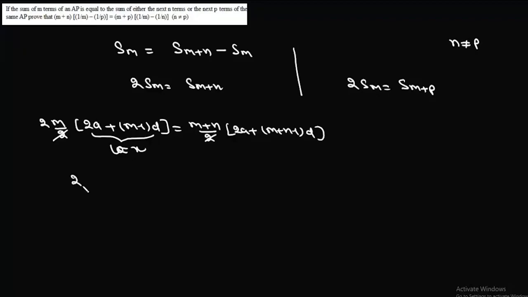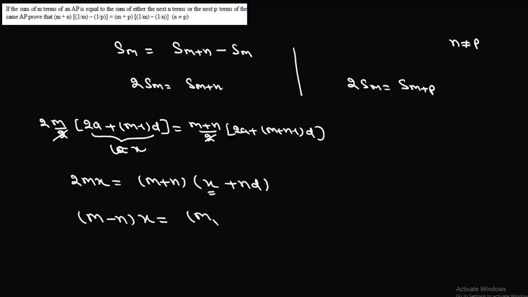So we can write 2mx will be equal to m plus n, and here will be this 2a plus m minus 1 d is x plus n into d. Now we'll take this x on the left hand side. We can write m minus n into x, and that will be equal to m plus n into nd, or we can simply write x upon d will be equal to n into m plus n upon m minus n.